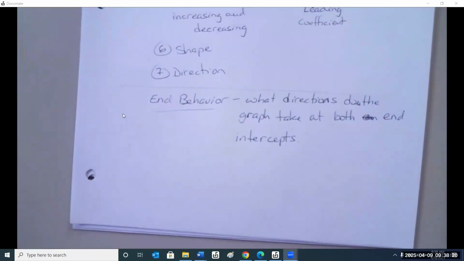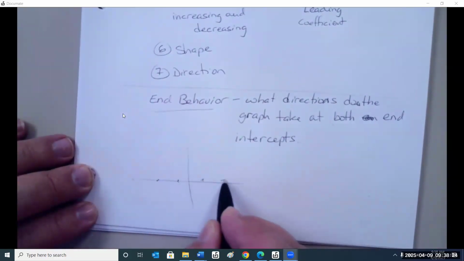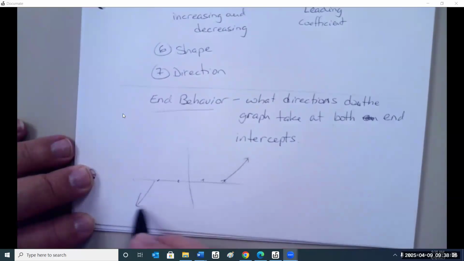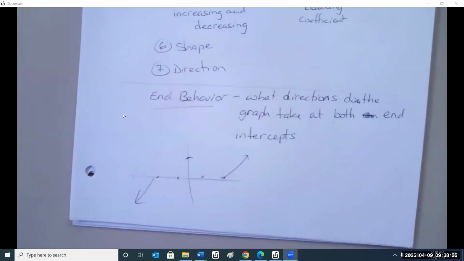That's going to tell us the shape of the graph. If the ends go up this way, we know at least that much. We also know the y-intercept, so we have a good idea what the graph is going to look like.